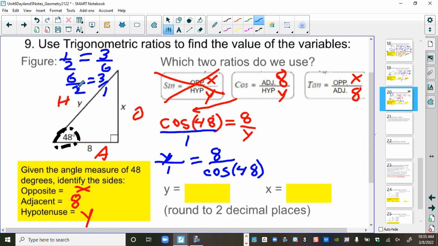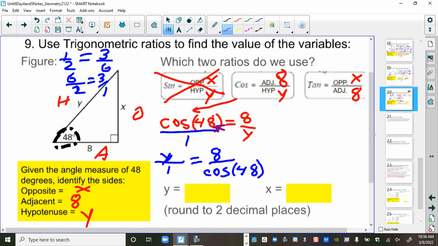When we do our diagonal multiplication, will we still get the same result? Yes. So therefore, if I switch the cosine of 48 into y, will we still get the same result? That's right. You can switch these two.